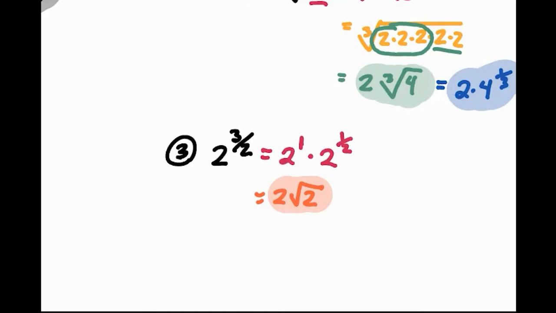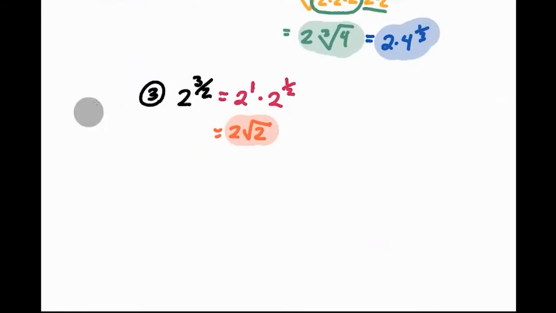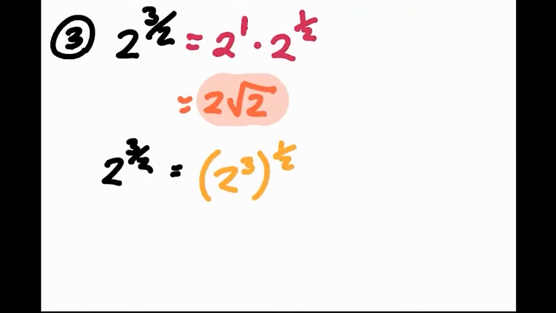All right, well, let's say you did not know how to do that fraction thing. I'm going to show you another way of doing this. And if you don't like fractions, this is definitely the best way to do it for you. Okay, what you can do is we can do 2 to the 3rd, and it's to the 1/2 power. Now 2 to the 3rd is 8.